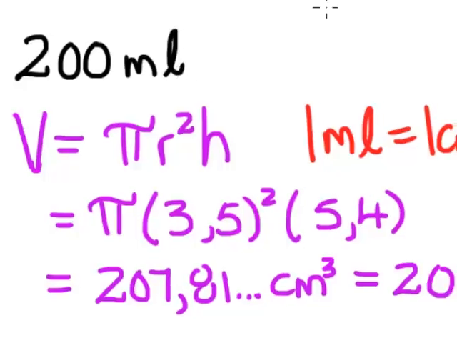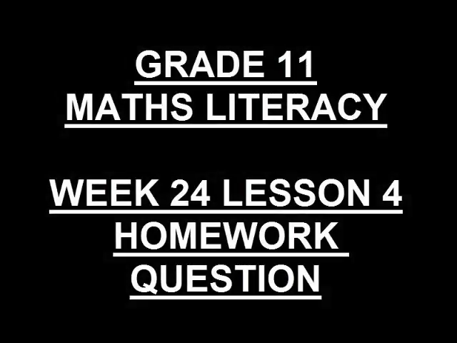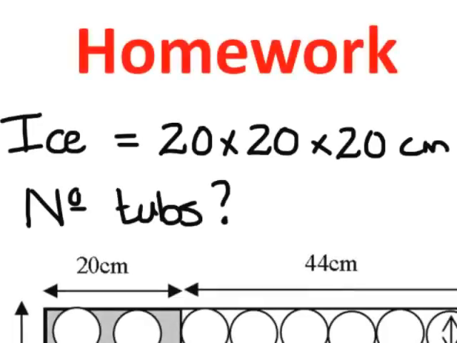Now you're going to do a homework question. If Thabo places a single block of ice with dimensions 20 by 20 by 20 centimeters in the cooler box at the start of each day, we need to estimate how many ice cream tubs will be able to fit inside the cooler box, and you must show all your detailed calculations.